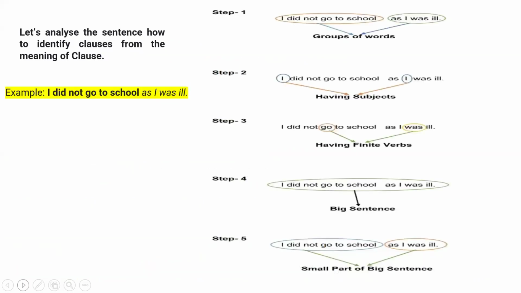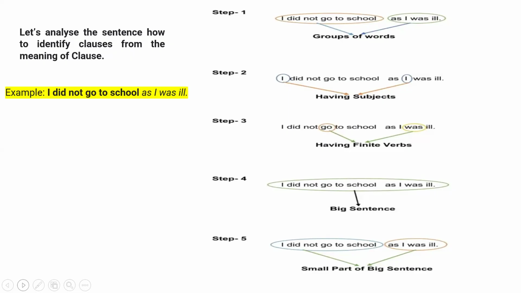How do we analyze sentences and identify clauses? An example sentence is given: I did not go to school as I was ill. I did not go to school is an independent clause because it gives a complete thought.